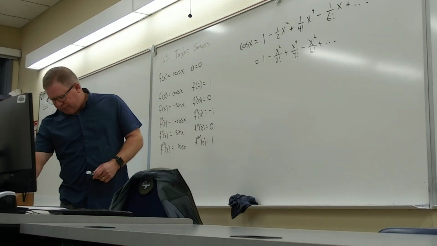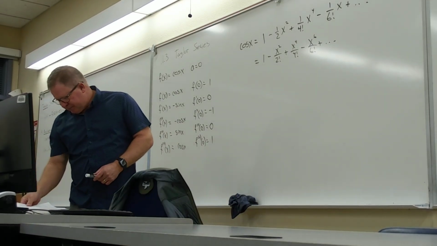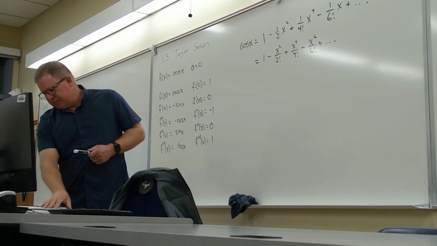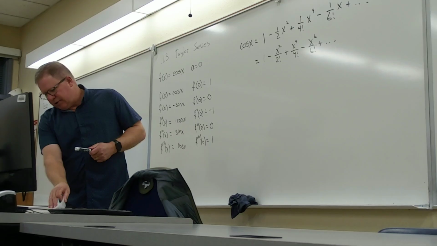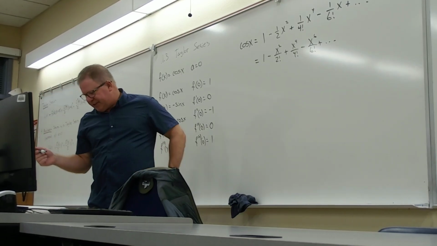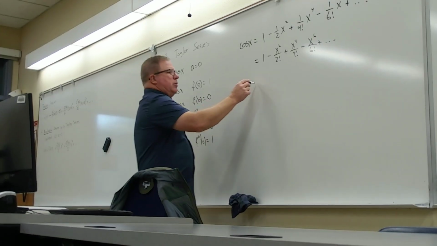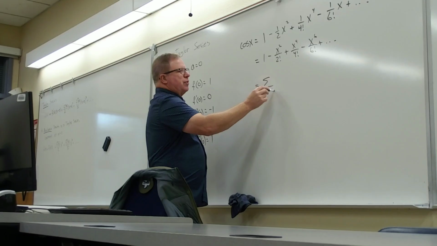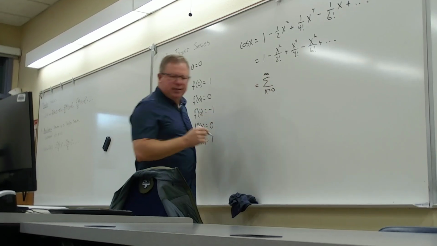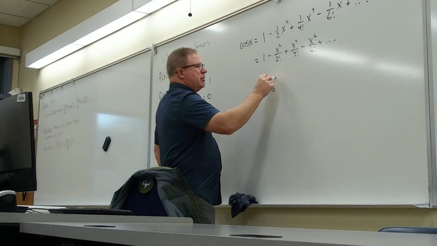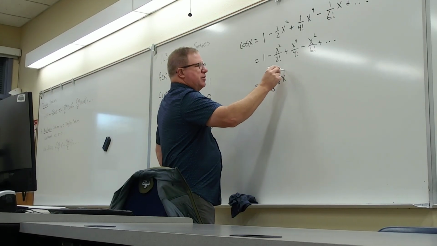And now, yeah, they started at 0. We need to figure one of these out. Equals the sum as k goes from 0 to infinity of c sub k x to the k.